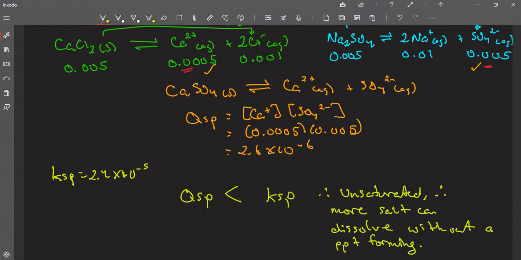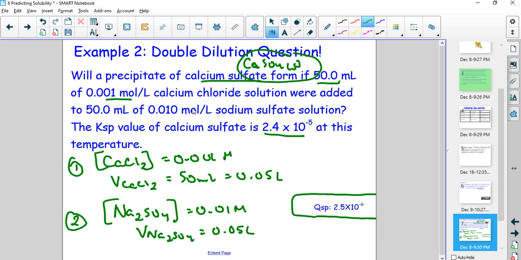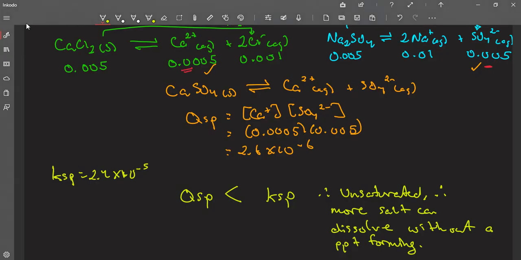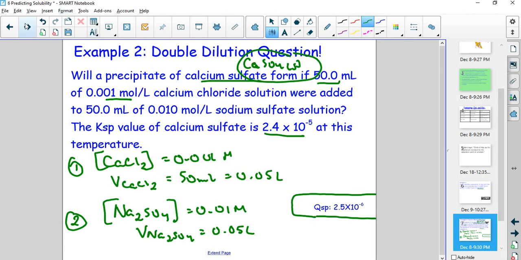And that's it. You're done. All that to figure out, yeah, you can add more salt. Okay, done. Did that match roughly? A bit off here, but essentially that's it.